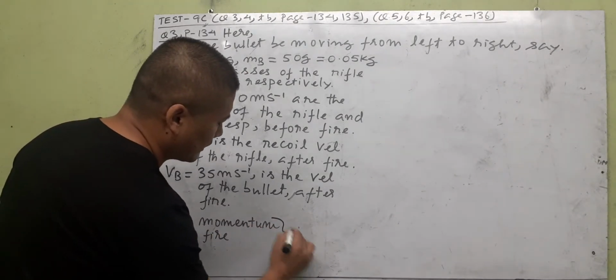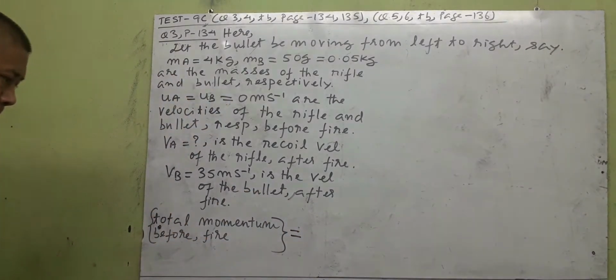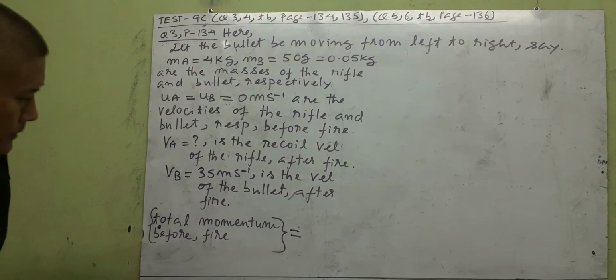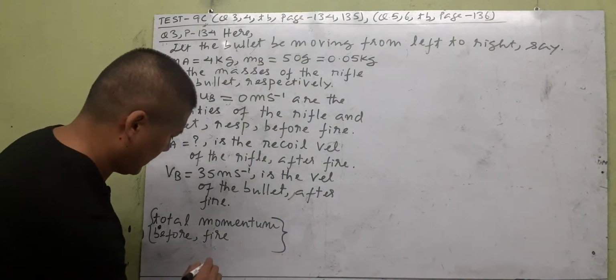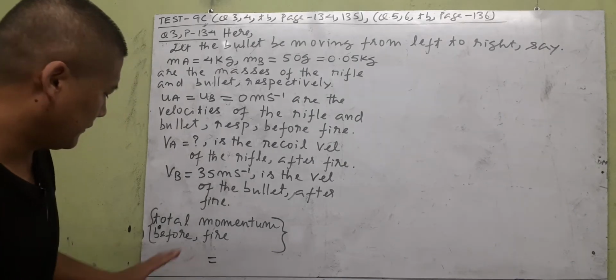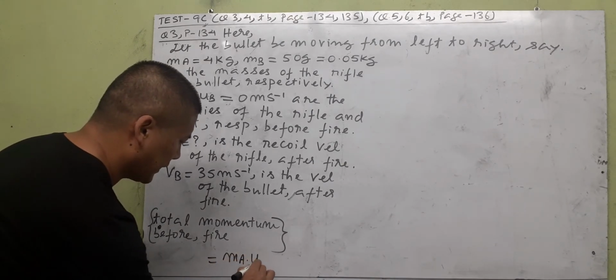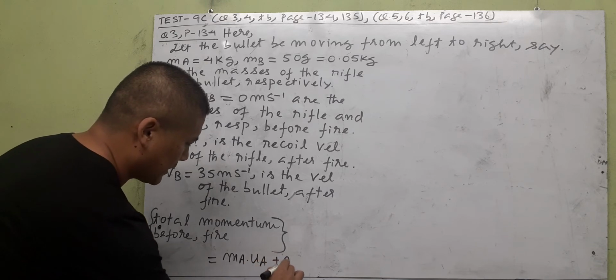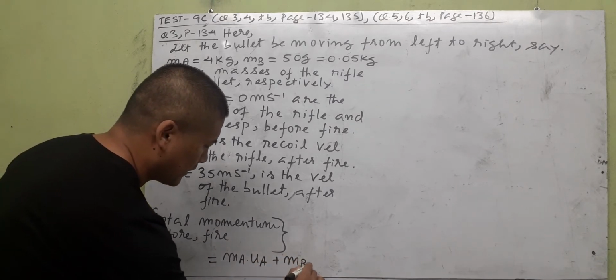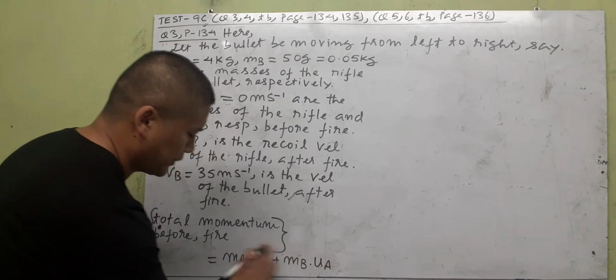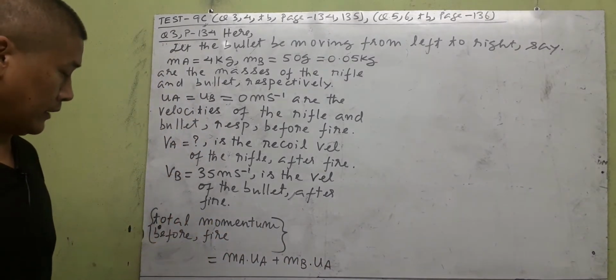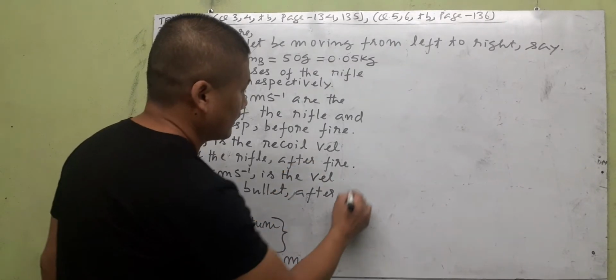But before we put the law, let us do separately. So that will be equal to, here, before fire is always mass of the first object into UA, initial, plus mass of the second object, bullet, into UB, U involved is the before fire. So let us calculate that.